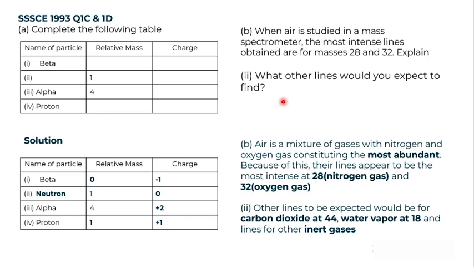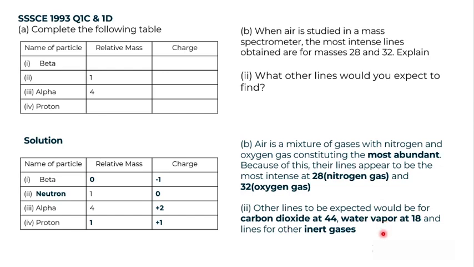So apart from nitrogen gas and oxygen gas, which we expect to be the most abundant, other gases we expect to see lines for in the mass spectrometer are carbon dioxide, with some lines at the mass of 44, and water vapor, with some lines at 18, the relative mass of water vapor.